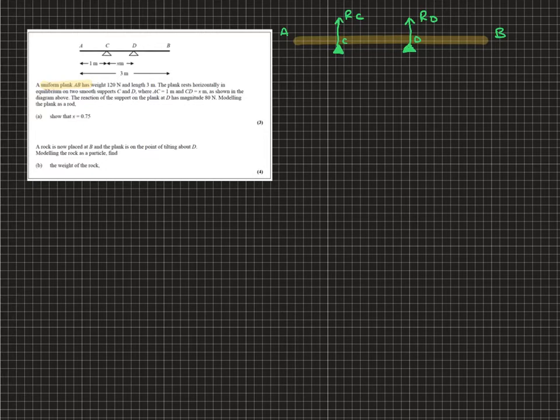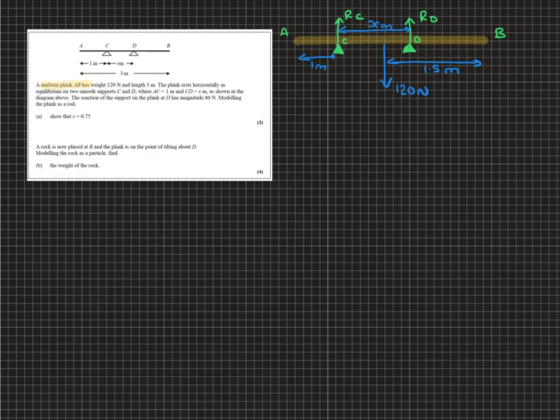Now, we know the weight of the plank is 120 newtons and it's uniform. So there's the weight of 120 newtons, which is at the midpoint of the rod. So this is 1.5 meters away from B and 1.5 meters away from A. We also know that the distance AC is equal to 1 meter and CD is equal to X meters.